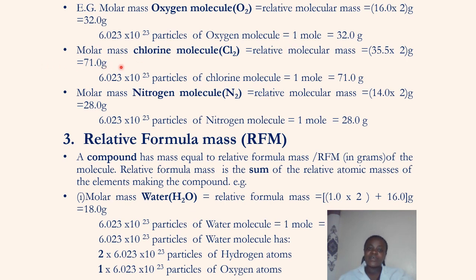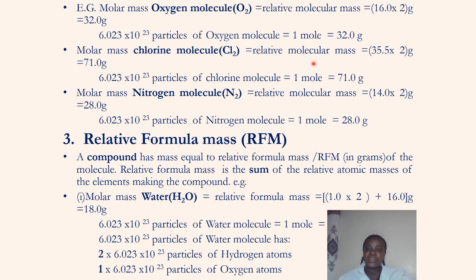Let us look at the chlorine molecule. One chlorine atom has a mass of 35.5 grams. But now here we are talking about a molecule. A chlorine molecule has 2 chlorine atoms. So to get the relative molecular mass, we take the relative atomic masses of the 2 chlorine atoms and get the sum.